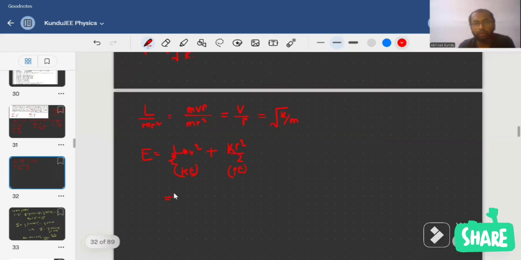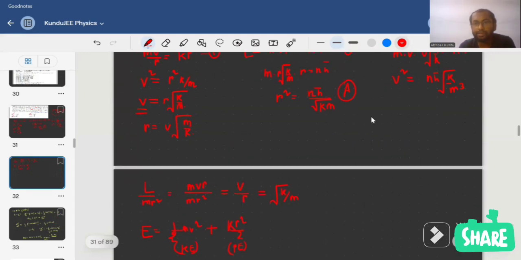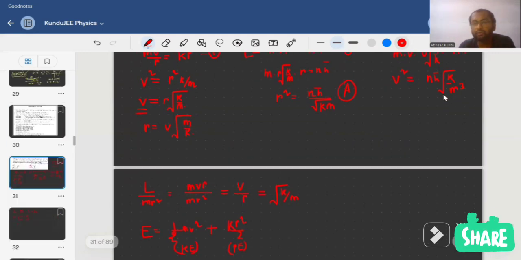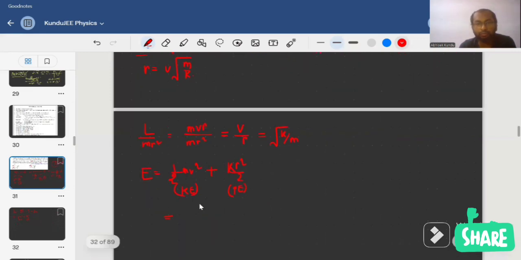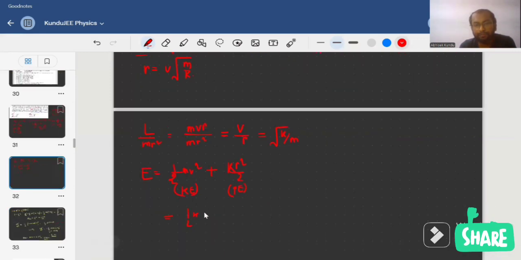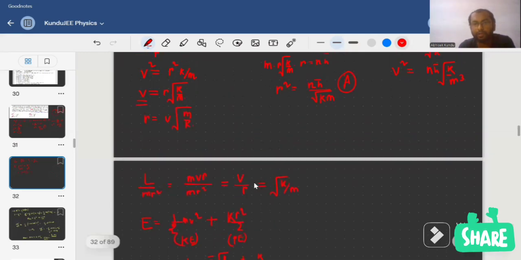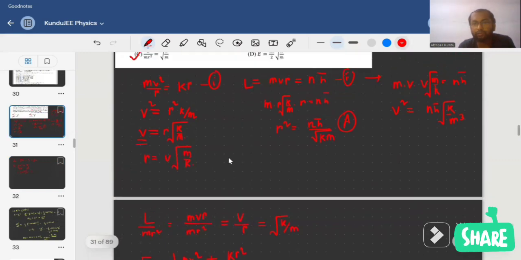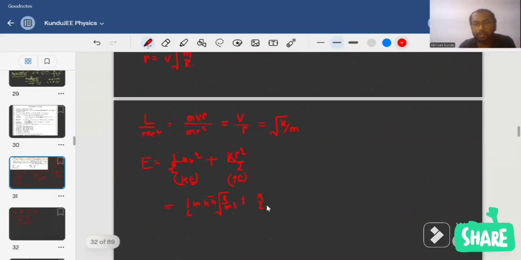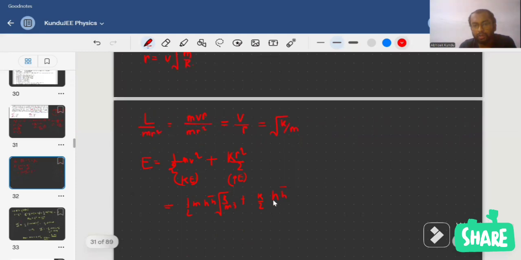Now we know the value of v square: v square is n h bar into root over k by m cube. We'll put half of m n h bar root over k by m cube plus k by 2 into r square. The r square value is n h bar by root over k by m.